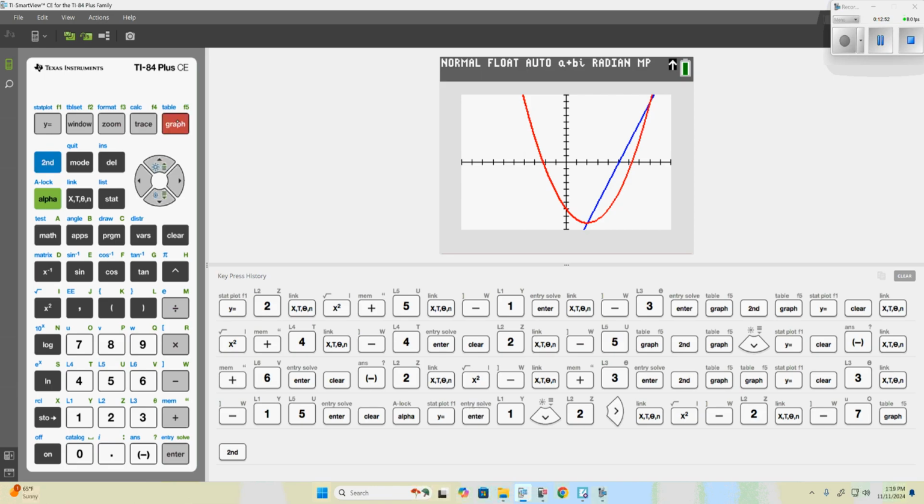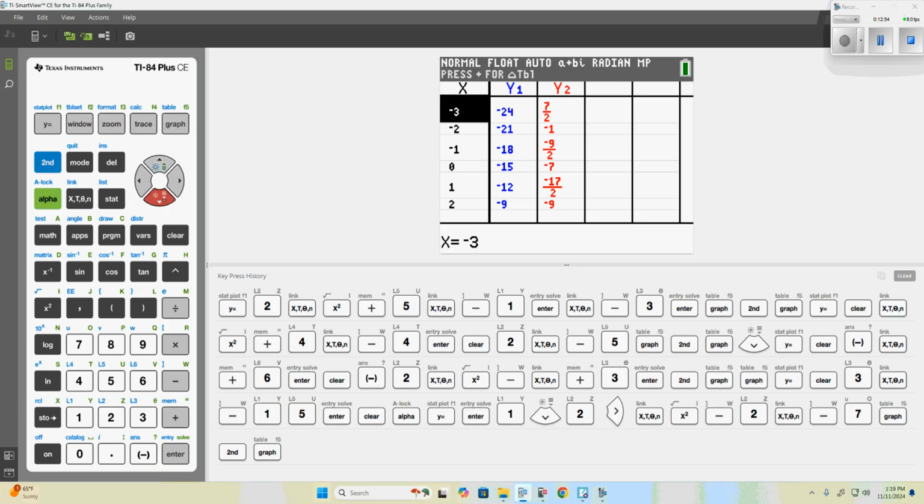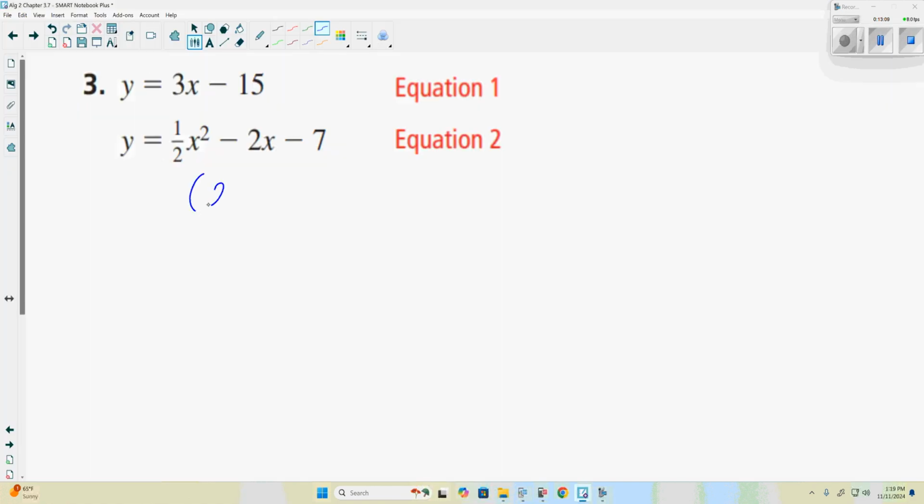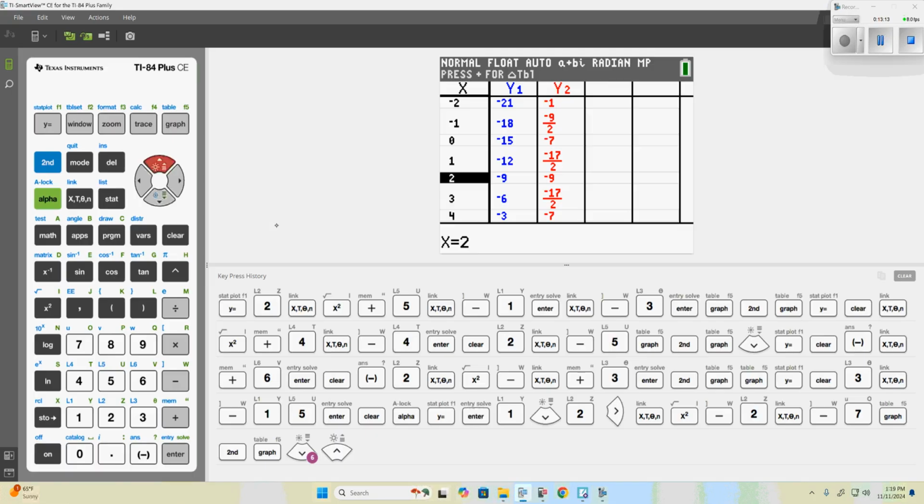So when we look at the table, well, we are able to see one of the 2 points of intersection is the point (2, -9). So that will be one of our solutions. So we need to look for a second one, and we said that the other solution was also positive.